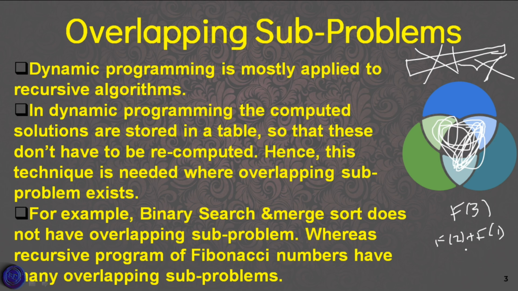So we need the help of two other numbers in order to get f of 3. So here f of 3 is overlapped by using f of 2 and f of 1. So the Fibonacci series is the best example for overlapping of subproblems. So these types of subproblems are calculated by using dynamic programming.